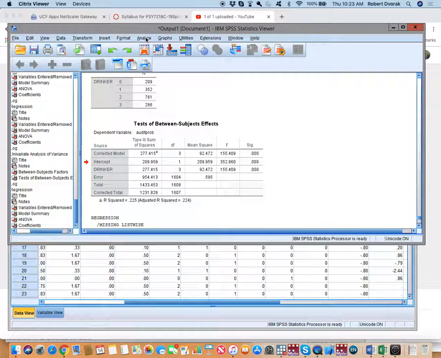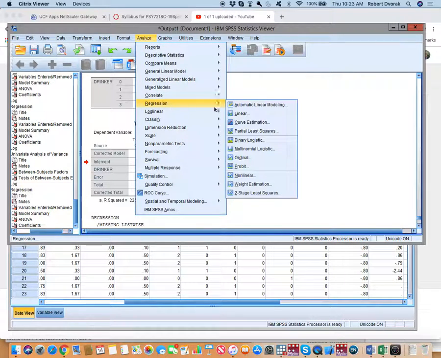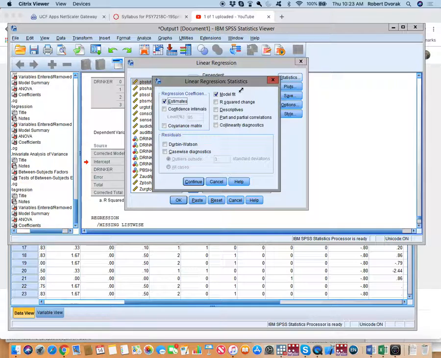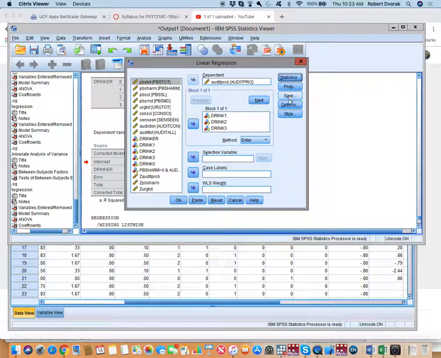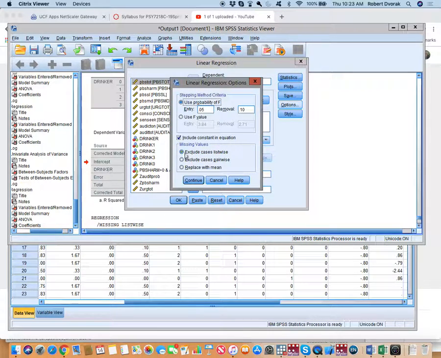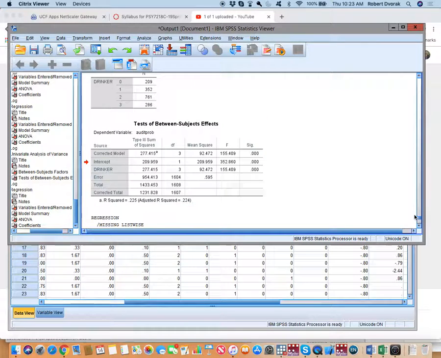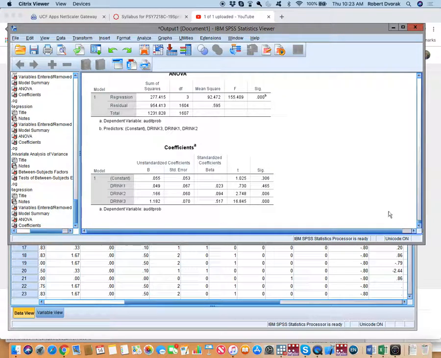Hold on a second. Analyze, regression, linear, audit prob, drink 1, 2, 3. Did I do anything different in here? I don't know. That is puzzling.